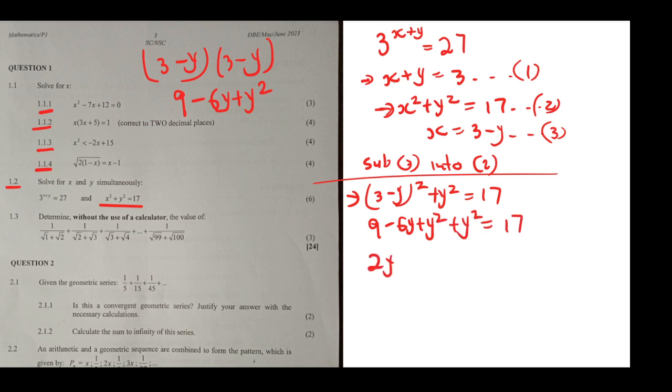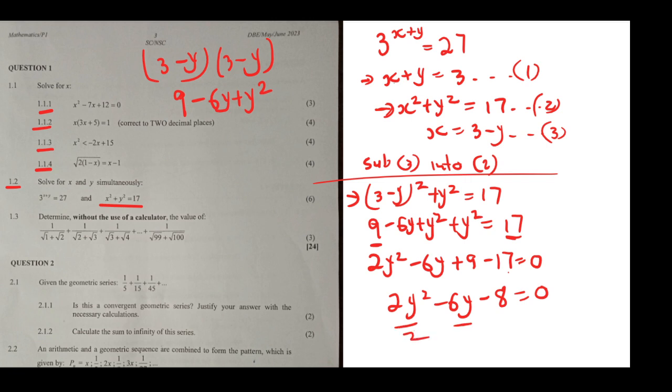And I have 2y squared minus 6y, and then these and this transpose, so it's plus 9 minus 17 equals 0. So it's 2y squared minus 6y, and then if I add these two, I'm going to get minus 8 equals 0, right?